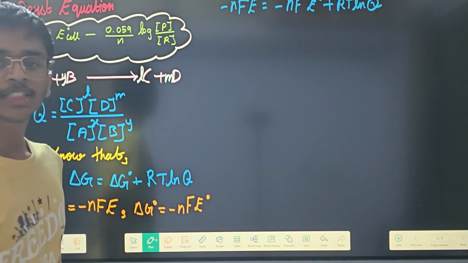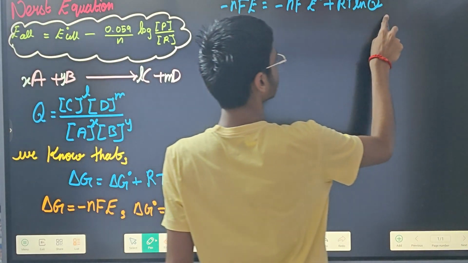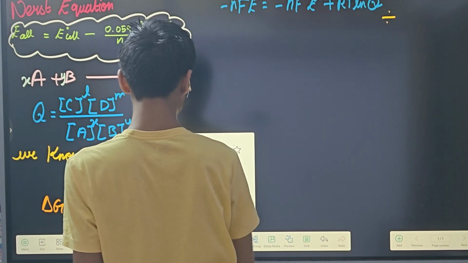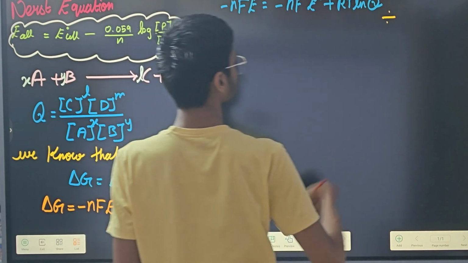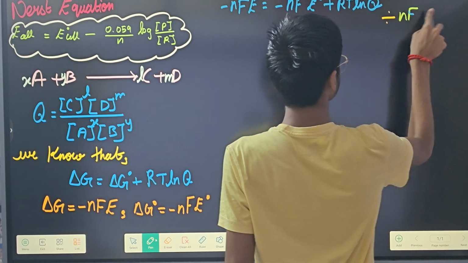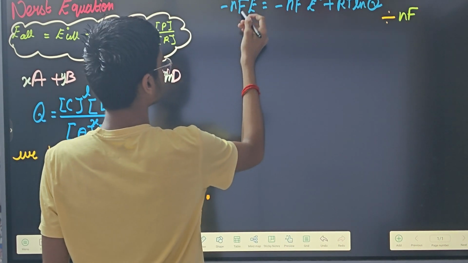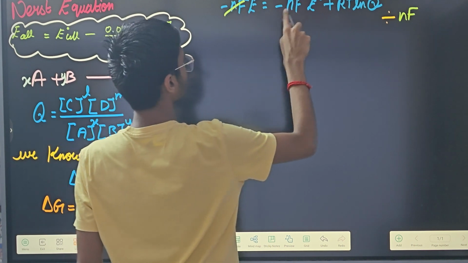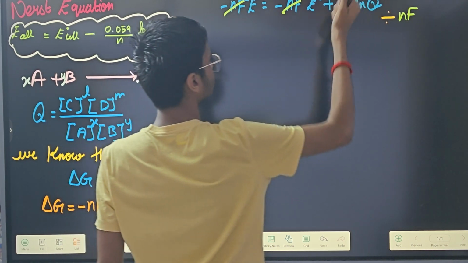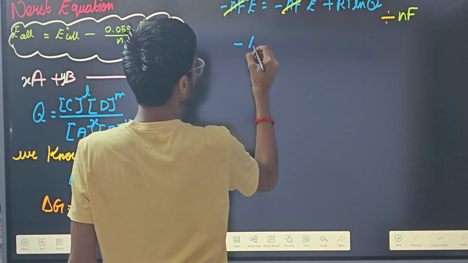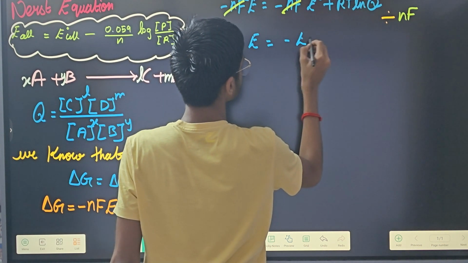So I can divide by NF. Dividing by NF, the terms cancel out, so minus E is equal to minus E naught.